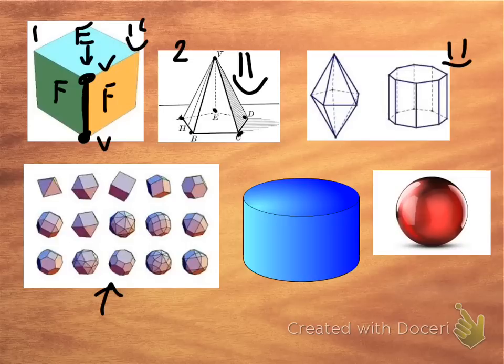Now let's look at this cylinder right here. We want to see, first of all, is it a polyhedron? Are all of its surfaces polygons? If we look at the top, the top of that shape would be a circle, and a circle is not a polygon, which means this would not be a polyhedron.